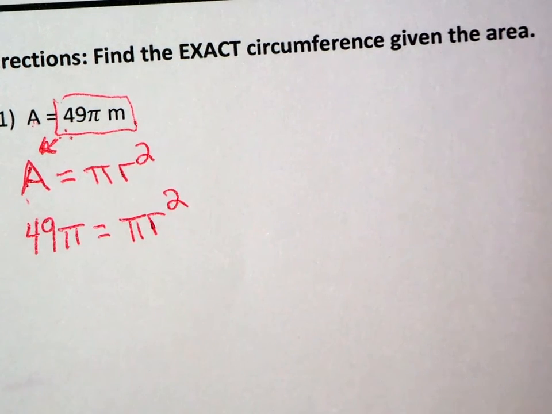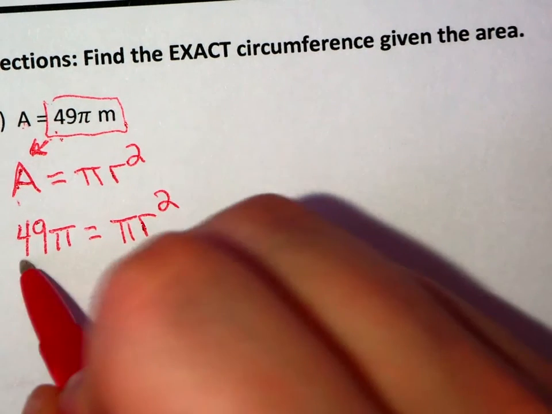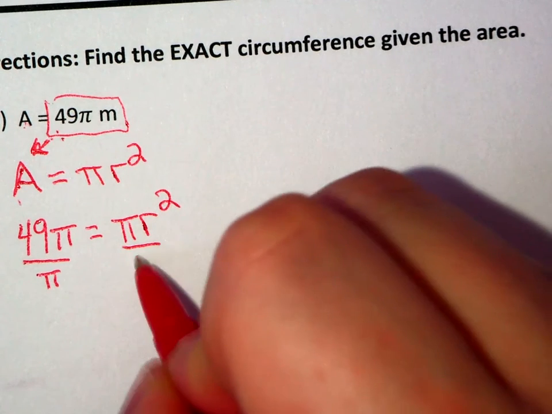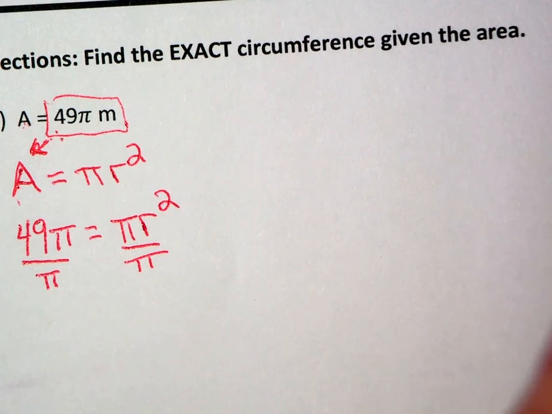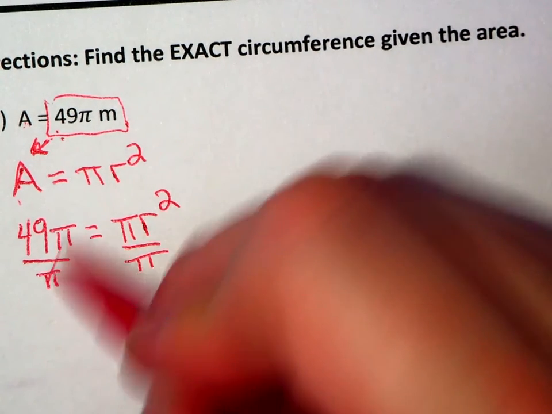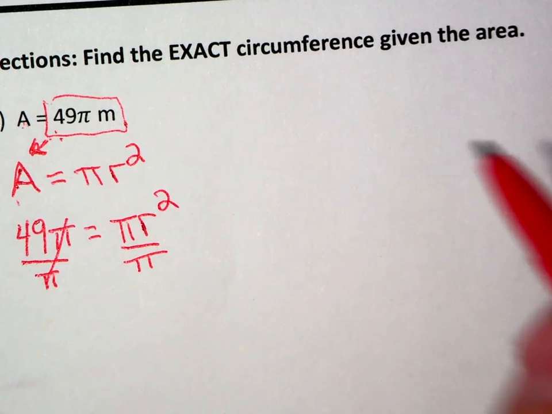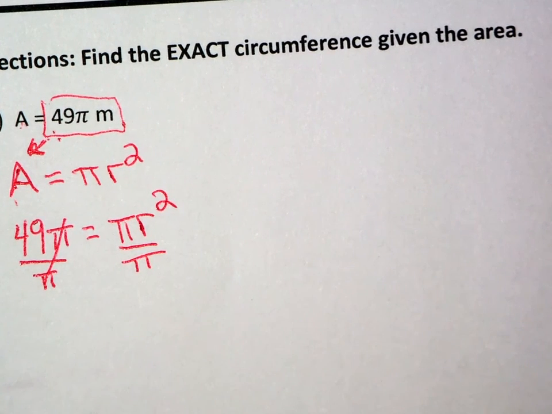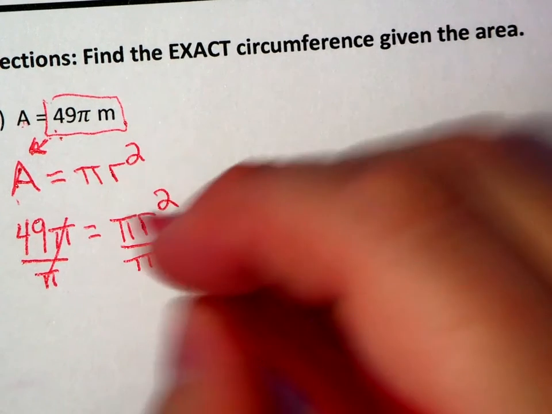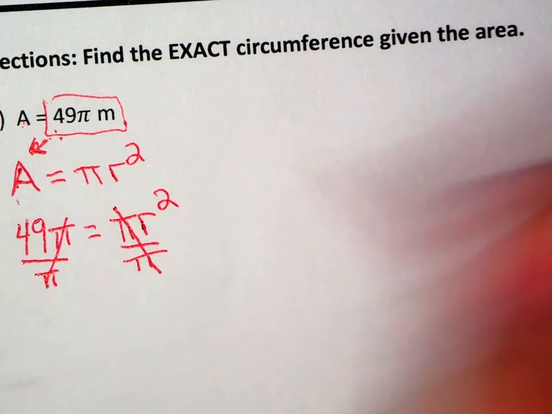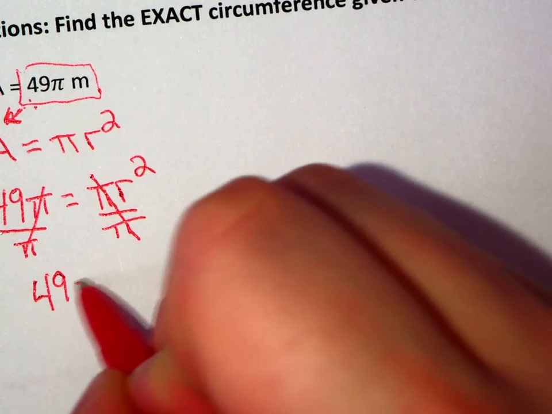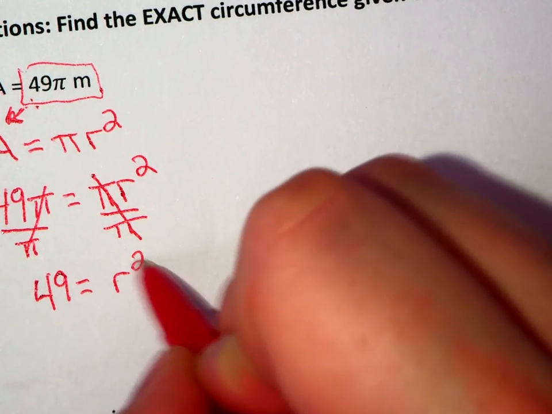And again, if you remember from class, if I divide one side by pi, I have to divide the other side by the same thing to keep my equation balanced. That will cancel pi out on one side because pi over pi is 1. And in a fraction, when I have 1, it cancels itself out. So I'm left with 49 equals r squared.